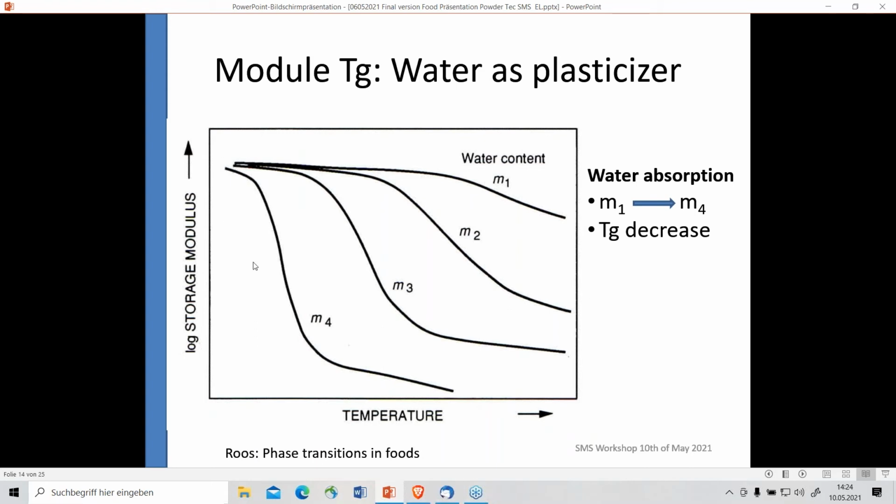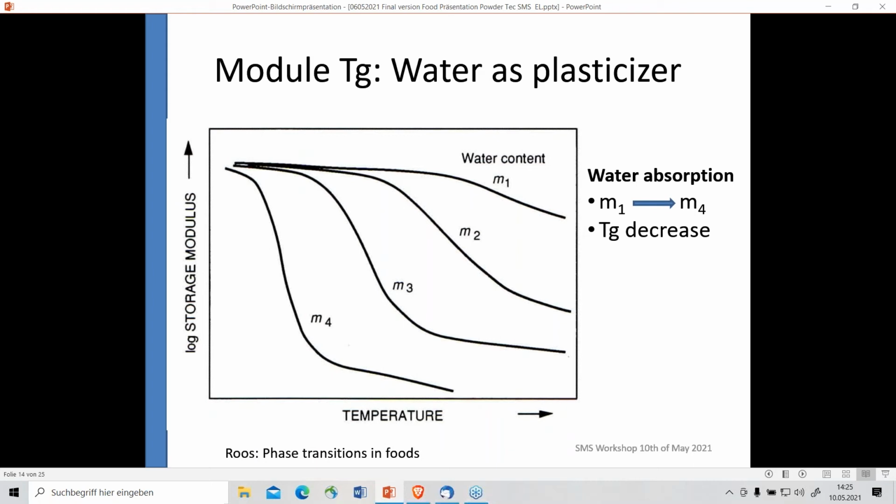So the stiffness of the powder with a content of MART1 is very strong, but the stiffness in this field is very weak. So the glass transition starts a few degrees earlier than in the other case. And that's one part: the interaction between water and the glass transition is one of the biggest issues.